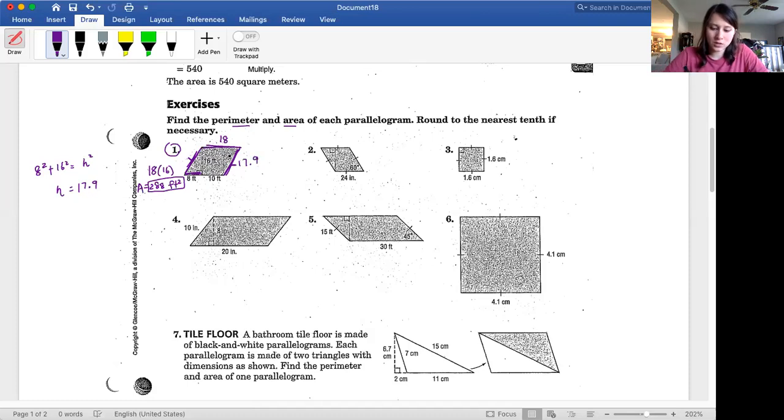So that times 2 plus 18 plus 18 is about 71.8. So the perimeter is all the sides added, 17.9 plus 17.9 plus 18 plus 18. Add them all up, and you get about 71.8 feet as your perimeter.